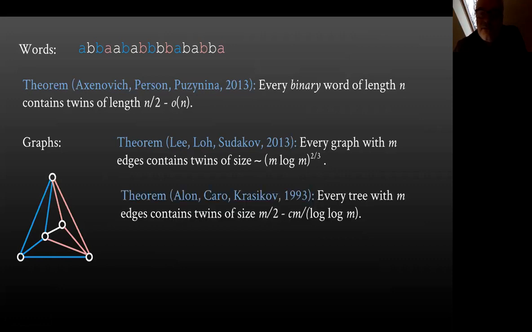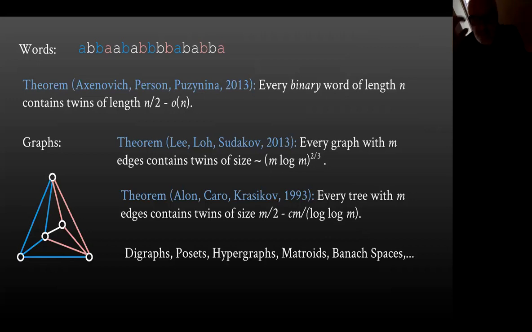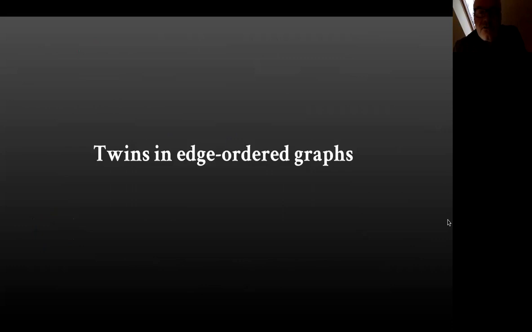For trees, we have something closer to half of the size of the tree, which is similar in some sense to the result for words. And you can try to study this problem in quite arbitrary combinatorial structures. For digraphs and hypergraphs there are some results, but for posets, matrices, or others, I don't know too much.